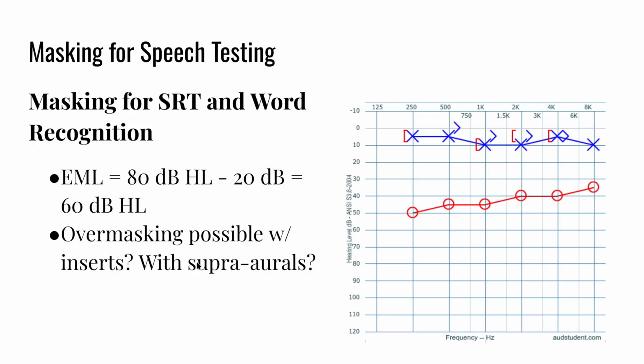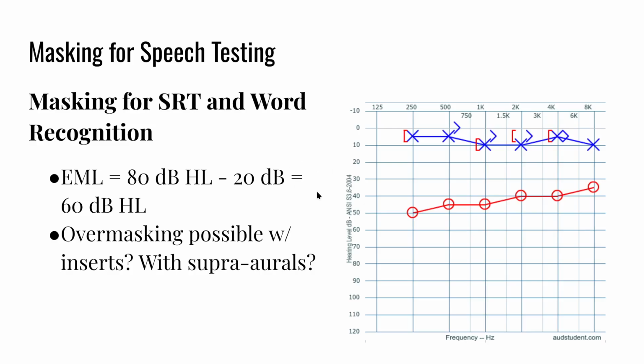So if we take a 60 dB masker in the non-test ear, in the left ear, and we have a minimum interaural attenuation of 40, 60 minus 40, 20 dB could cross over, and it could be overmasking. That's possible. What about with deeply placed inserts?